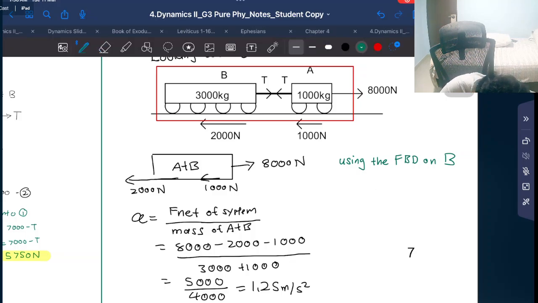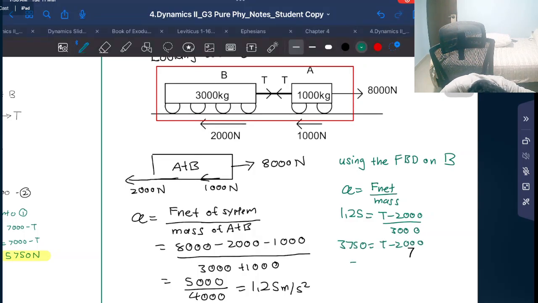A will be equals to F net over mass, so 1.25 will be equal to T minus 2,000 over 3,000. Then this will be 3750 equal to T minus 2,000. Then T will be equal to 5750 newtons.